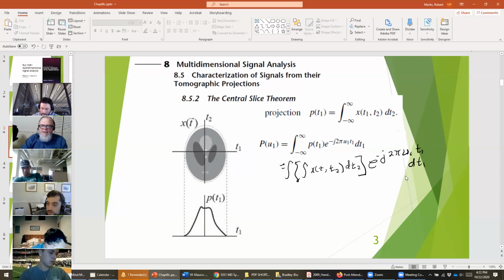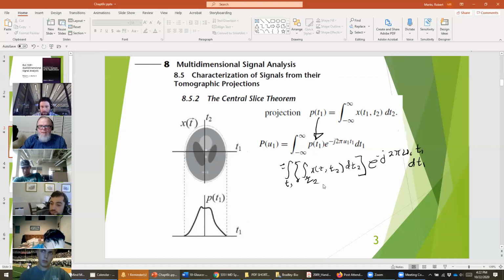So do you see what I've done? I've simply substituted this into this expression, and this is the integral over t1, and this is the integral over t2. Is that okay? So I've simply substituted in that result.